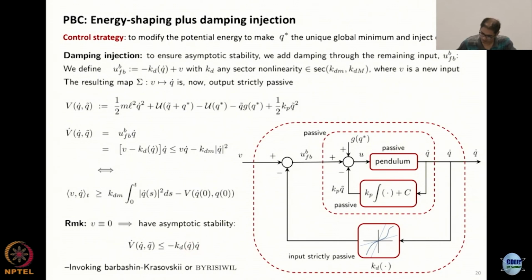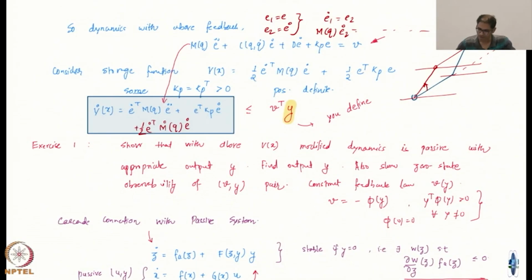Okay, so anyway, in this case also what I need you to do is complete the V dot expression and you should get something like a v transpose y for some y. Okay, you have to come back and tell me what is the y. And you have to of course construct a feedback. This is pretty easy.